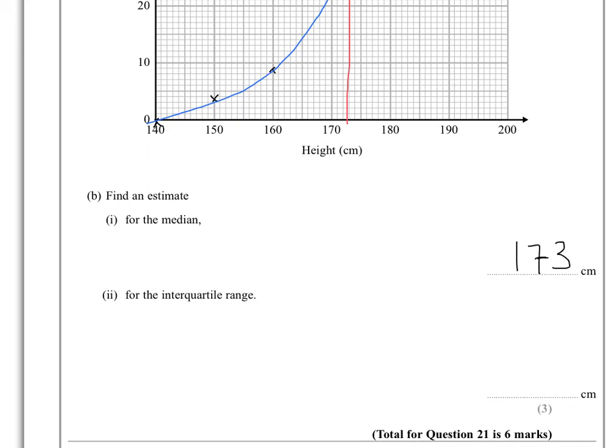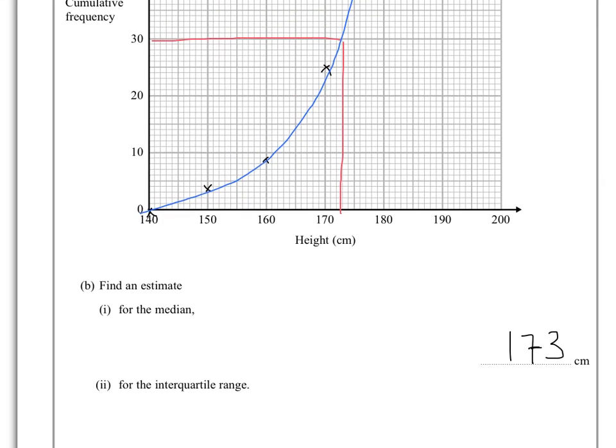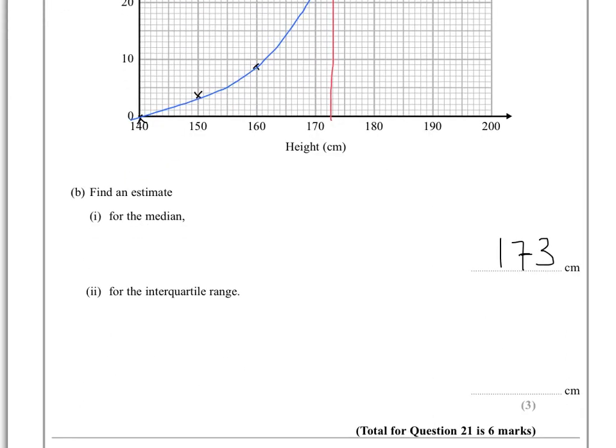The interquartile range that it asks for is the upper quartile minus the lower quartile. So the upper quartile, the 75th percentile, minus the lower quartile, the 25th percentile.